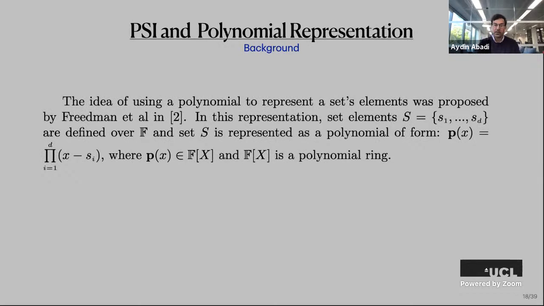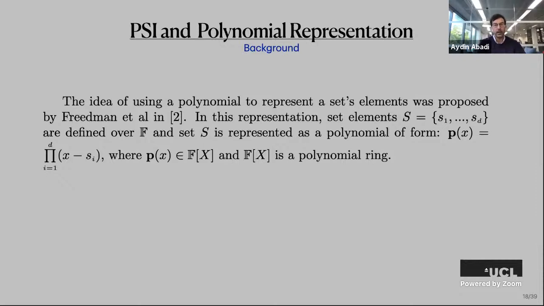The idea of representing a set by a polynomial was proposed by Freedman in 2004. This is the first PSI paper. In this representation, a polynomial is constructed in a way that its roots are the elements of the set. It is simple to construct such a polynomial.